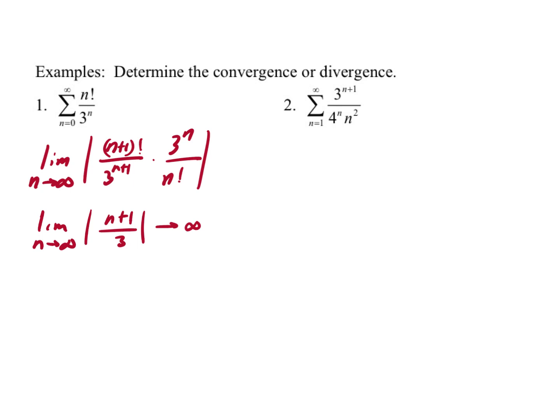Like I warned you before, to me, infinity is greater than 1. So I just emphasize that. You don't have to say that, because in the rule it's either greater than 1 or infinity. In my mind, I have these 3 cases: less than 1, greater than 1, and equal to 1. So that's it. Diverges by the ratio test.